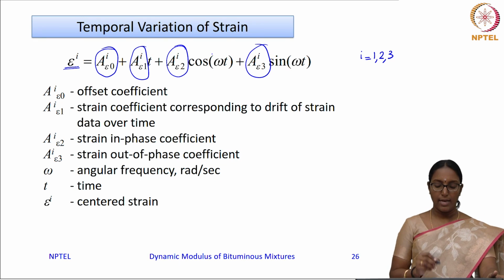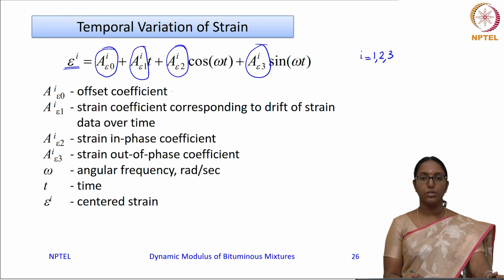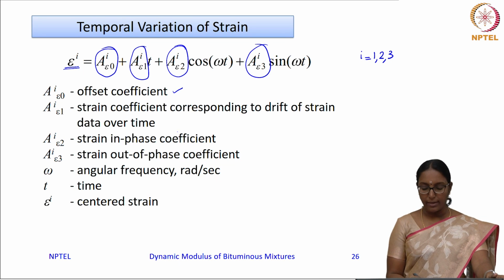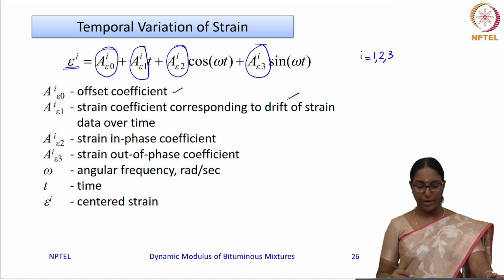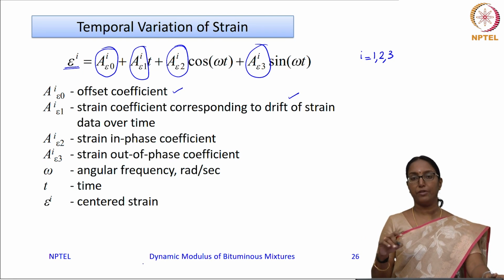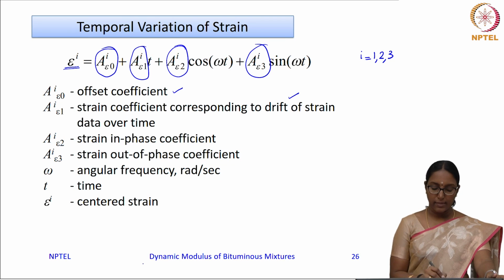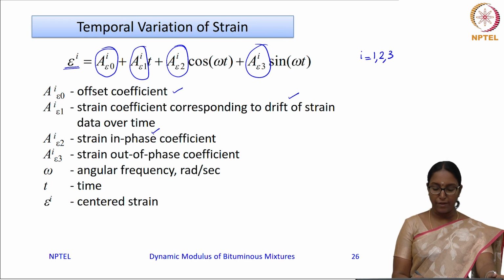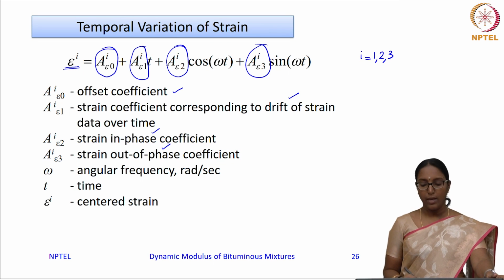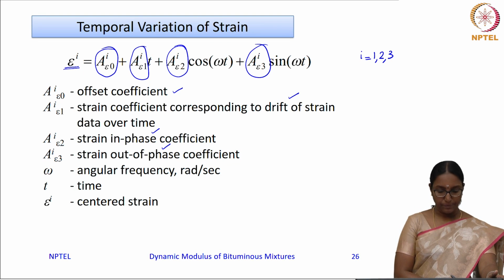In a similar way, A epsilon 0 corresponds to the offset coefficient, A epsilon 1 is the drift of strain, A epsilon 2 is the in phase component and A epsilon 3 is the out of phase component. The other terms remain the same.